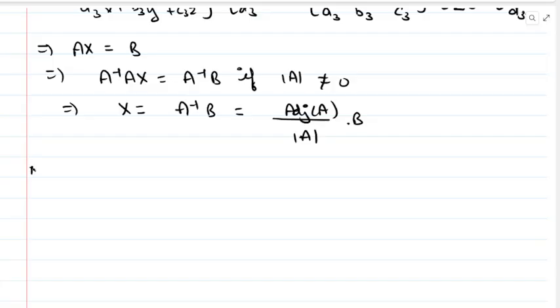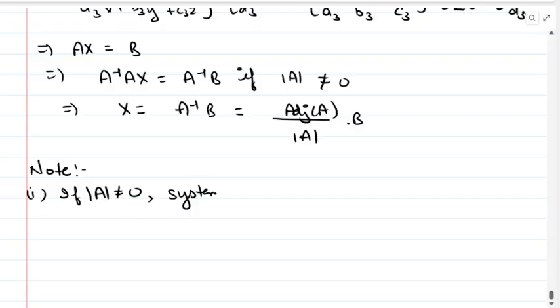Now some notes. First is, if determinant of A is non-zero, system is consistent, having unique solution.